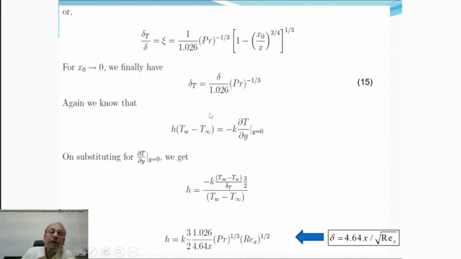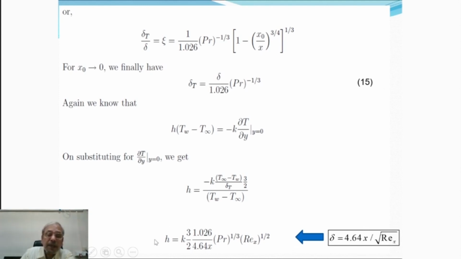We replace delta T by delta by 1.026 Prandtl number to the power minus 1/3, and then we substitute delta by this quantity, 4.64 into x divided by root over Reynolds number based on x, root over Rex.